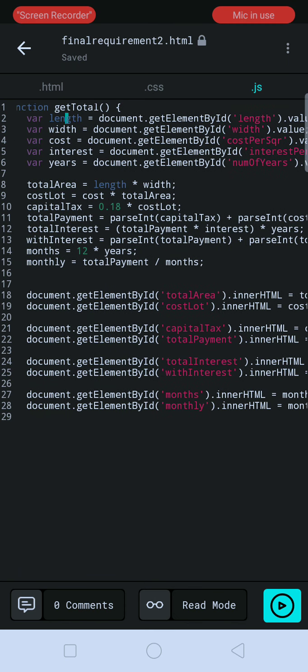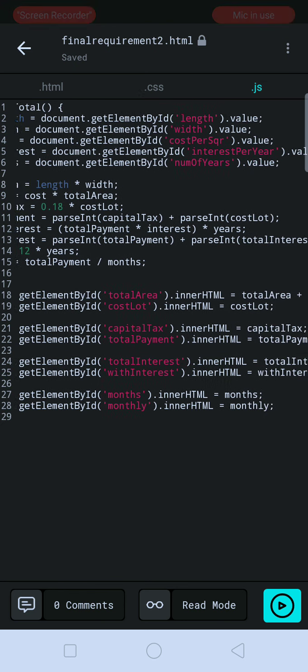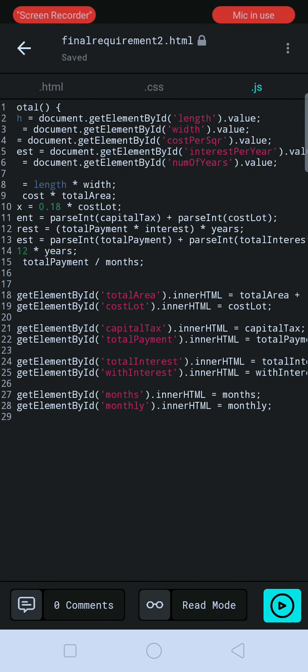Then the formula: total area is equal to length times width. Cost lot is equal to cost times total area. Capital tax is equal to 0.18 times cost lot. Total payment is equal to parseInt capital tax plus parseInt cost lot.